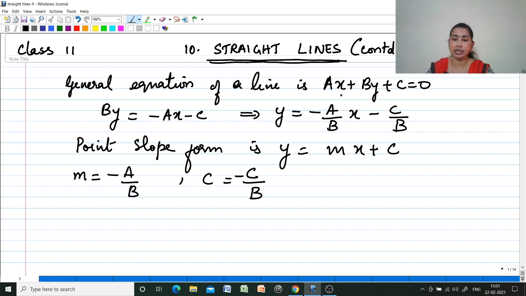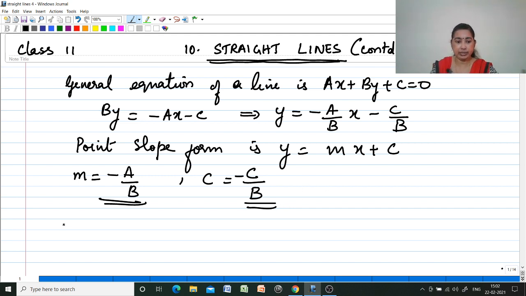So if the general form of the equation is given, then the slope of the line is minus a by b and the y-intercept is minus c by b. So we can find the slope even if the general form of the equation is given.